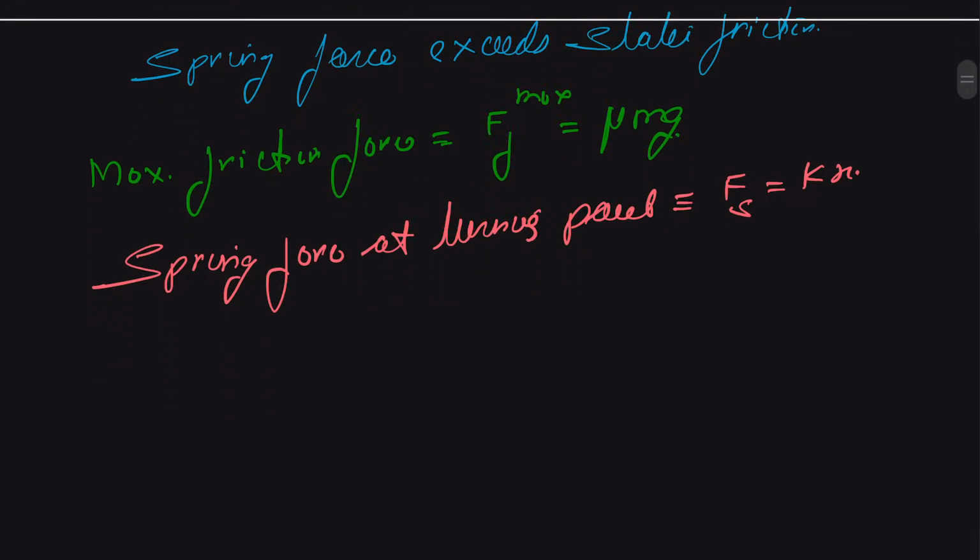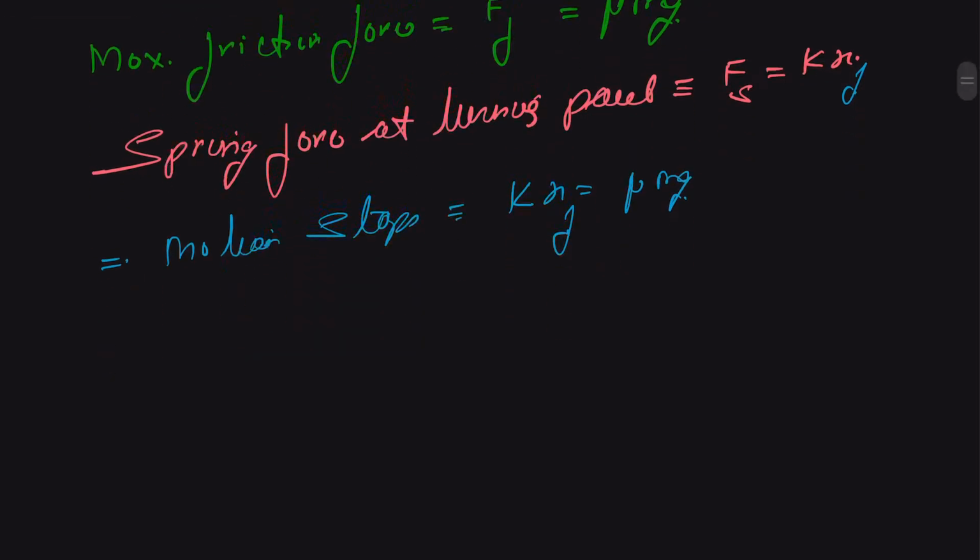Okay, so we can say that motion stops when x is equal to, let us call this xf. K times xf is equal to mu times mg.